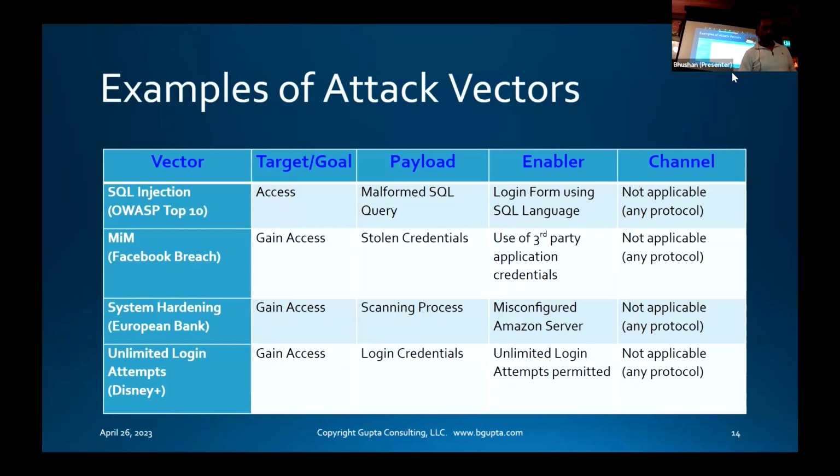And the last one is unlimited login attempts. What happens here, the Disney Plus just came in, and when they came on the internet, a bunch of credentials were stolen, and these people used those credentials, kept on using those credentials.